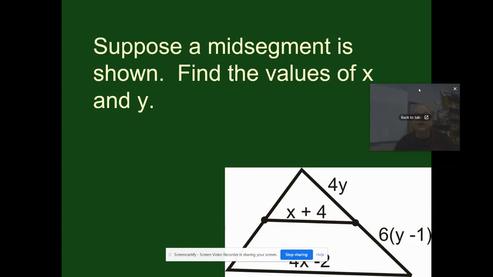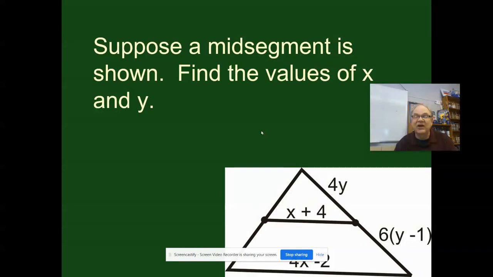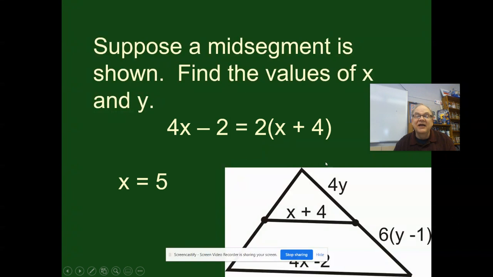And I also know the bottom side of this triangle has to be twice as much as the midsegment. So the 4x minus 2 at the bottom would be twice as much as x plus 4. And you can see this all worked out on the next couple of slides that we have with these.